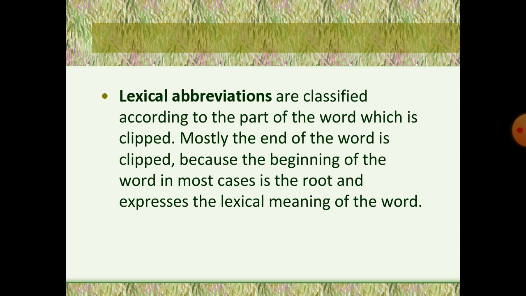Mostly the end of the word is clipped because the beginning of the word in most cases is the root and expresses the lexical meaning of the word. This type of abbreviation is called apocope. Here we can mention a group of words such as disco, expo, exam, com, and many others.